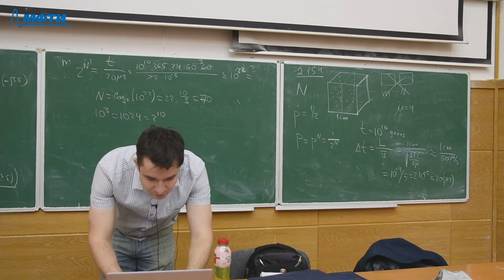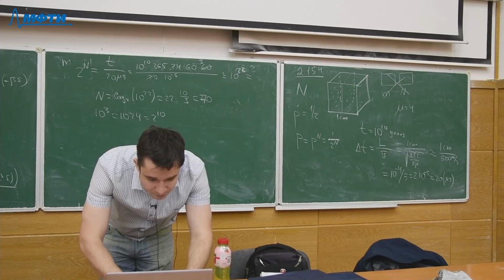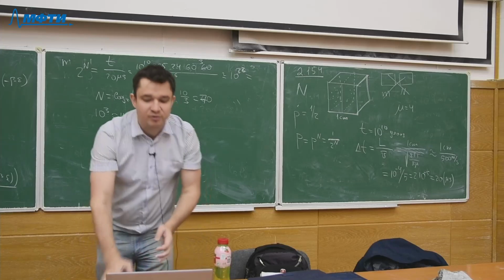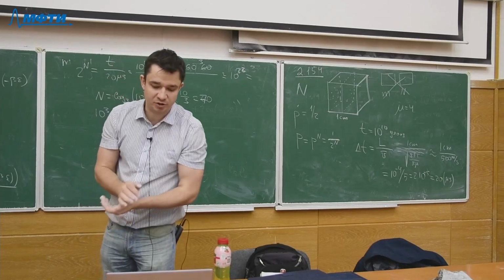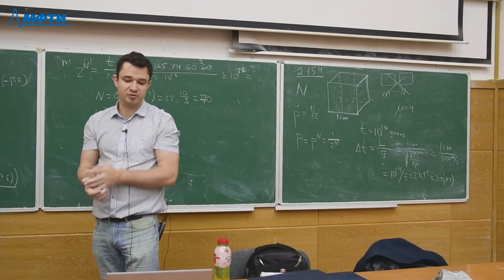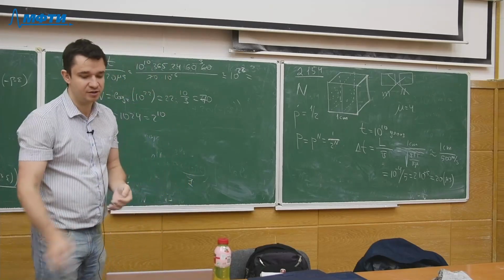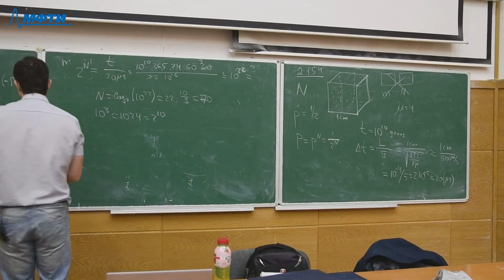Let's say that would be 2.155. Find the statistical weight of the most probable distribution of 10 identical molecules over two halves of the cylinder's volume.